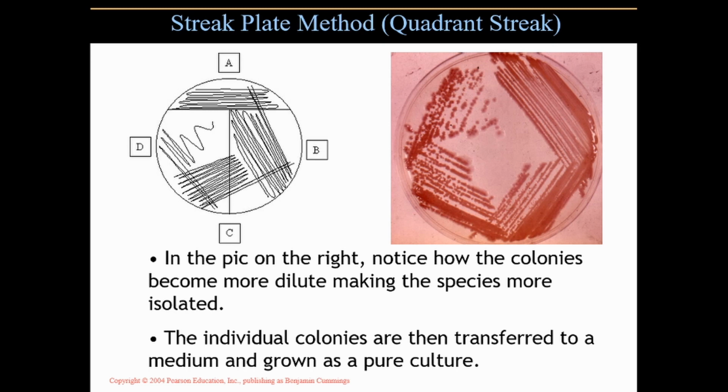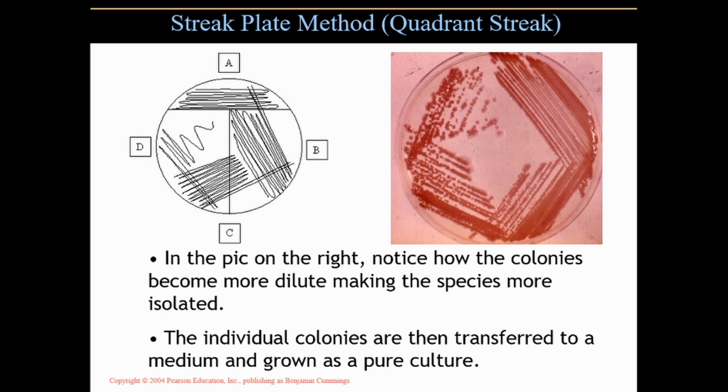So quadrant number 1 would be above that, and then you would sterilize, then you would drag the bacteria out of quadrant number 1 into quadrant number 2, sterilize your loop again to kill any bacteria that might be on it, then drag bacteria out of quadrant number 2 to make quadrant number 3, and then do it again for quadrant number 4. And then what you end up with are little tiny dots of bacteria, little colonies.